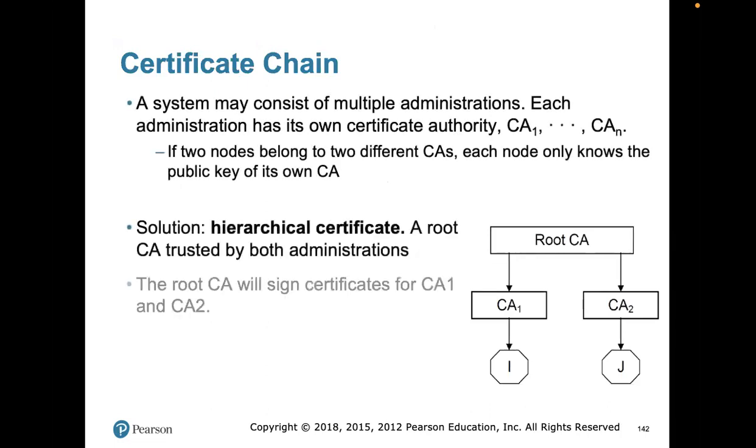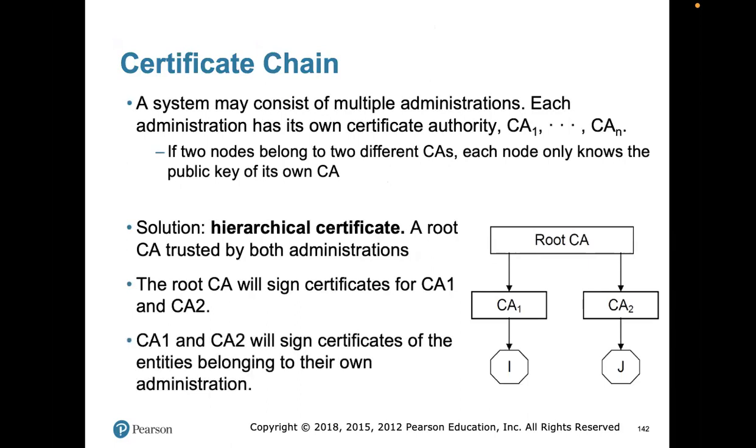Okay, one situation that we need to consider also is the case in which we have multiple CAs. If we have a big network, of course, the CA will be called by many initiators that just want to share their public key.